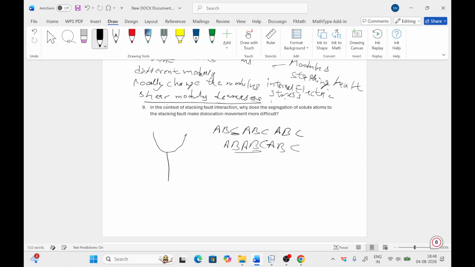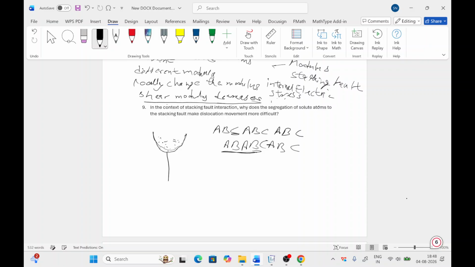Because of this change in stacking, the dislocation line dissociates into two partial dislocations, and the solute atoms get clustered at the area between these two partials.